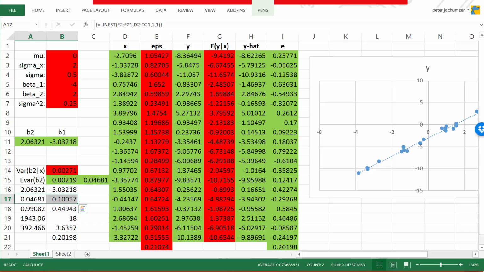So this is the standard error of B2 and this is the standard error of B1. Think about them as measures of precision. This is my best guess. This is how certain or uncertain I am about this estimate, 2.06. You can see that our computation here is correct. We got the same number as Excel.